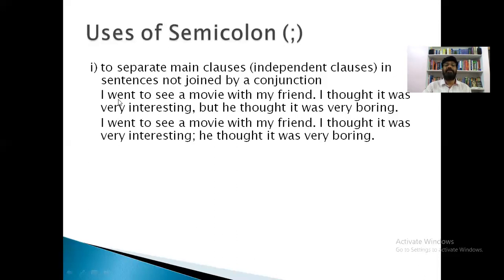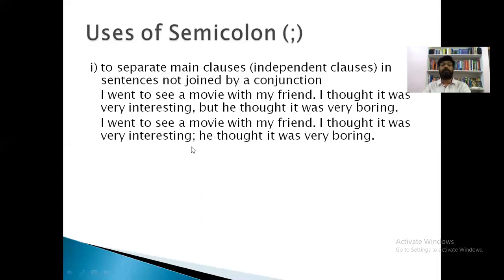See the difference between the first sentence and this sentence. Actually, in the first sentence, 'but' is there. Sometimes such sentences can be used without a 'but', with the help of a semicolon. So here semicolon is playing the role of a conjunction.